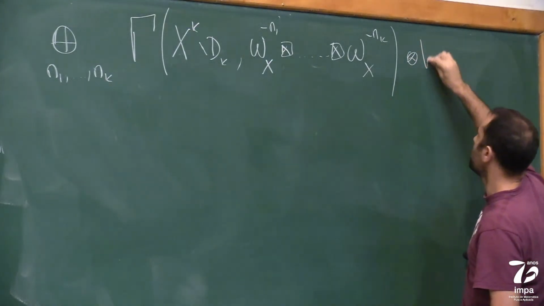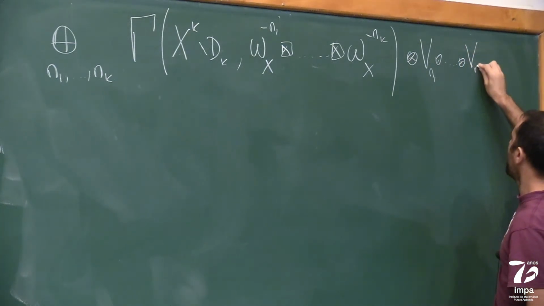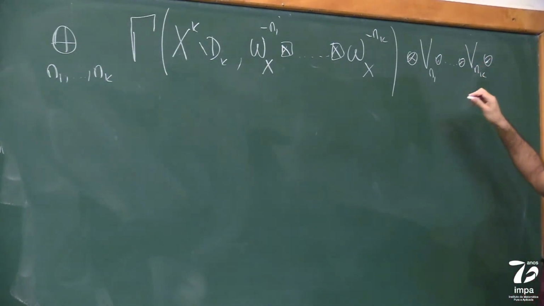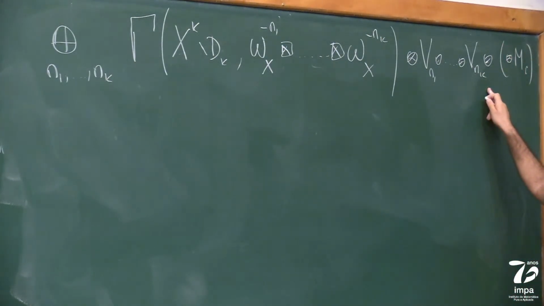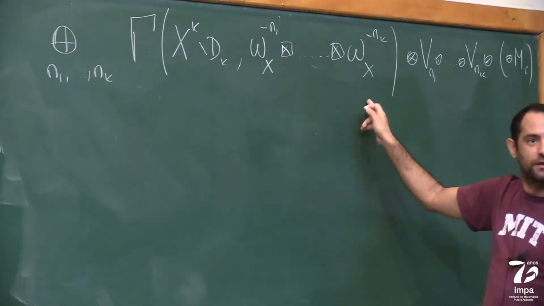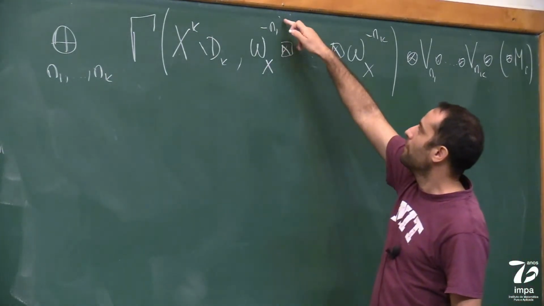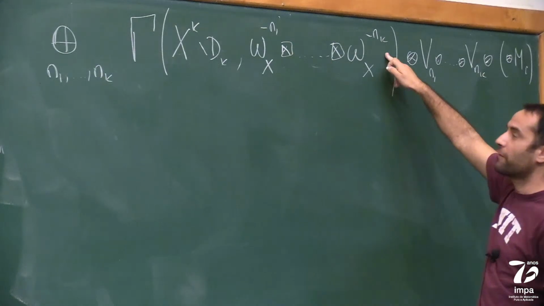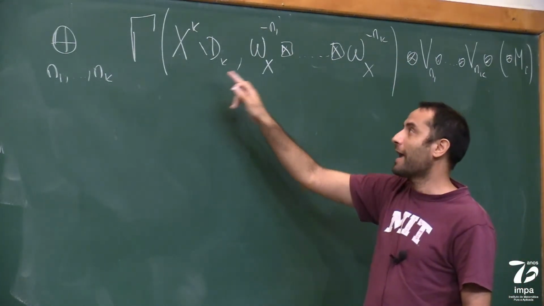So this is going to be V_{n1} up to V_{nk}, and then I'm going to take the tensor of my modules. So you choose a bunch of vectors in your vertex algebra of conformal weight n1 up to nk, and you choose a bunch of vector fields on your curve. Well, vector fields to the n1 up to vector fields to the nk, but you allow extra singularities.